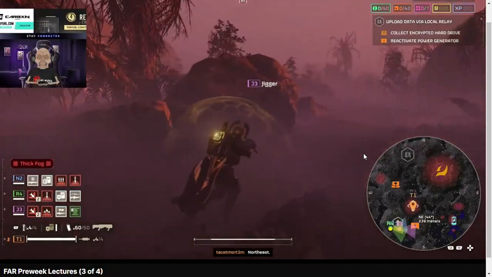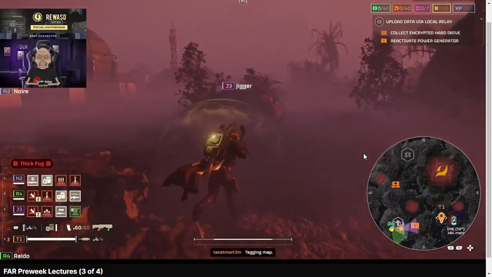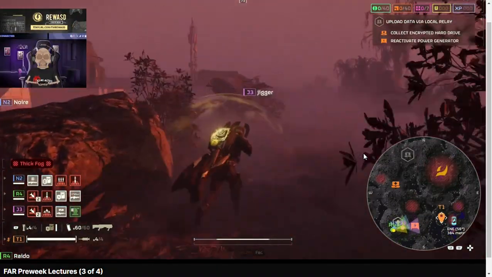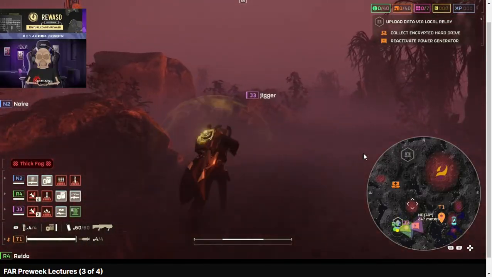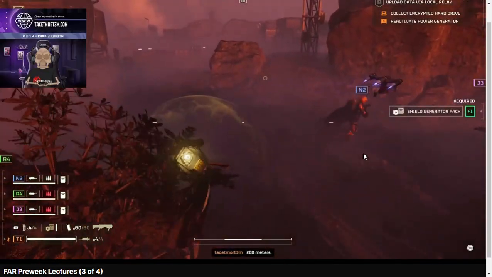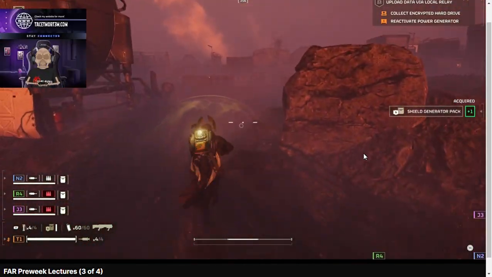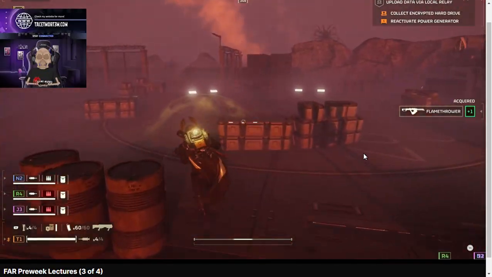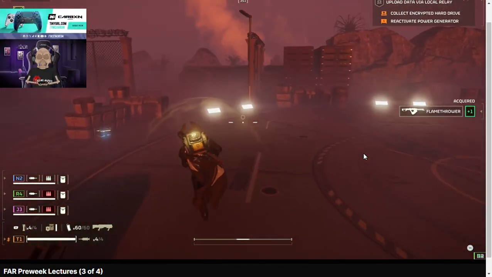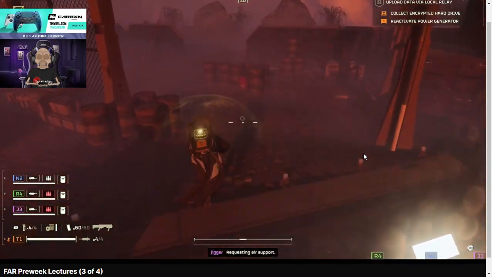Dropping a pin, northeast, 200 meters. Tagging map, east, far. Dropping a pin, northeast, 200 meters. I'm fairly certain you can, yes. Requesting air support.